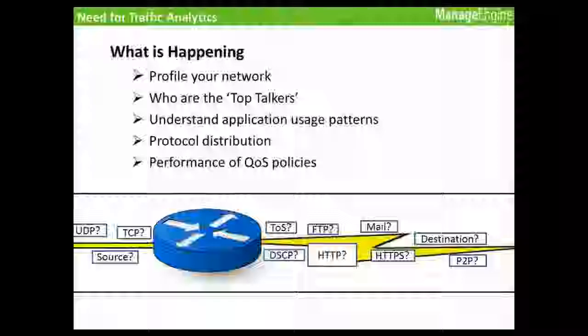You can also find out which protocols are being used. Many networks might not expect to see, let's say, ESP traffic or GRE traffic, or maybe even IPX protocols. So you can look at the protocol distribution and see which protocols are being used the most.